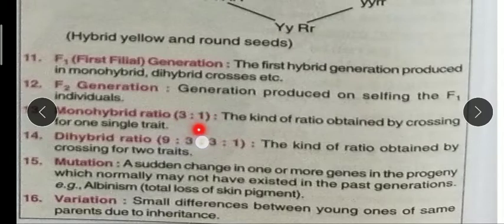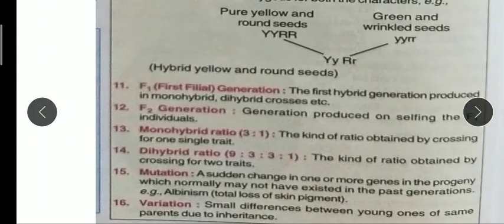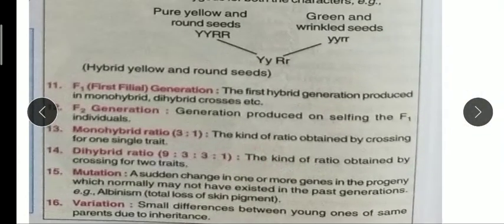I will explain how we get this 3:1 ratio when I explain the laws or the crossing over. Remember that the monohybrid ratio will be 3:1 and the dihybrid ratio will be 9:3:3:1. You should remember the ratios, because in the exam they ask what is the ratio of the dihybrid cross and monohybrid cross, what is the phenotypic ratio, what is the genotypic ratio.